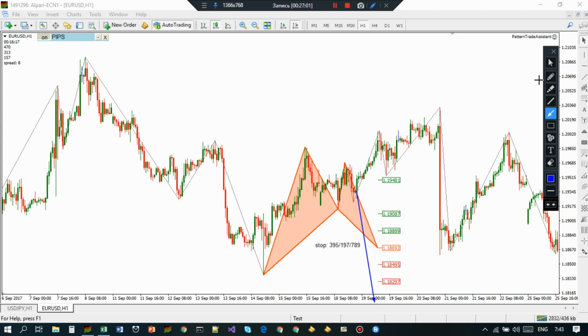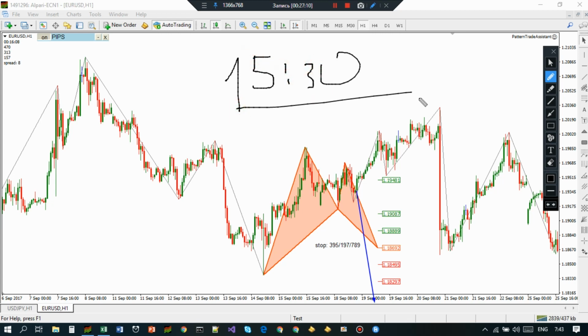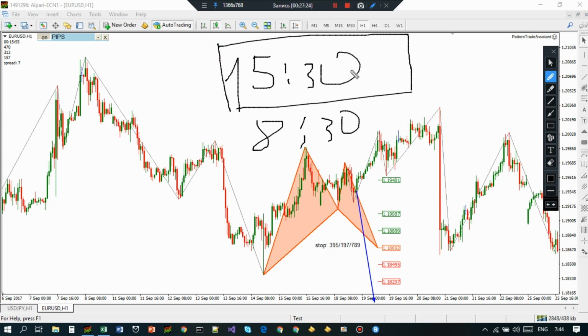So what are the news events? Here it is. The major news events are this. It is 15:30 in Moscow time, and it is 8:30 New York time. And of course you should convert it into your time, but I am concentrating on 15:30. Well, it varies from summer to winter, 16:30.